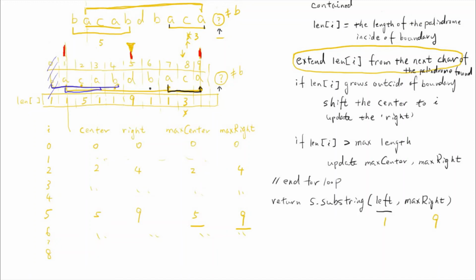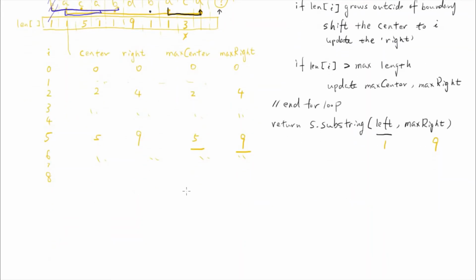This pseudocode gives you an idea how Manacher's algorithm works, but it only works for single-centered palindromes. I'll introduce a technique to make it also work for double-centered palindromes. We are going to wrap around each character in the string with a dummy character. For example, we have a string here.